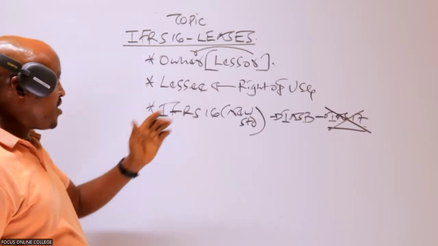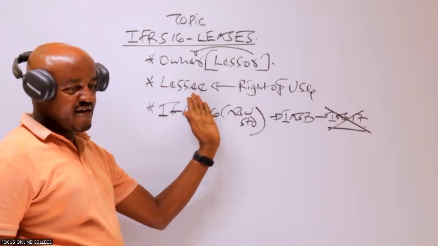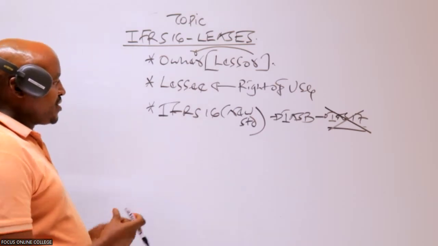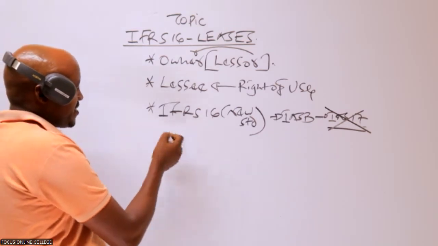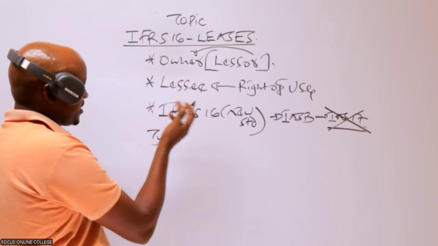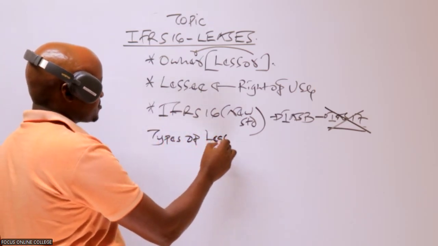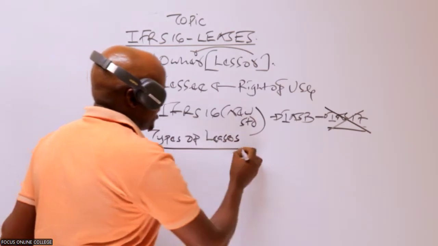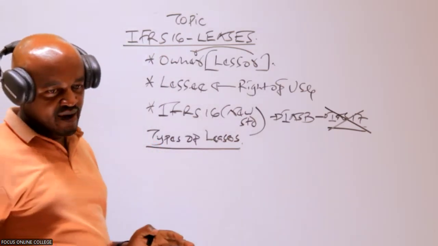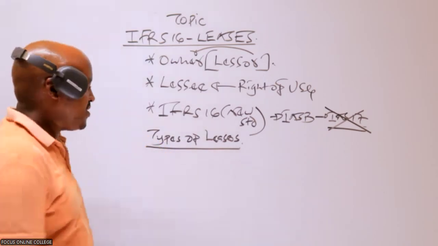Now, before we look at how leases are accounted for by the owner and the other party, we can first look at the different types of leases, basically the way leases are classified by this particular standard. For accounting purposes, leases are classified into three main categories.